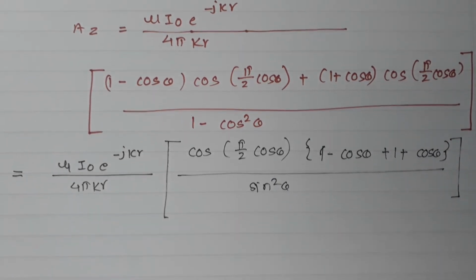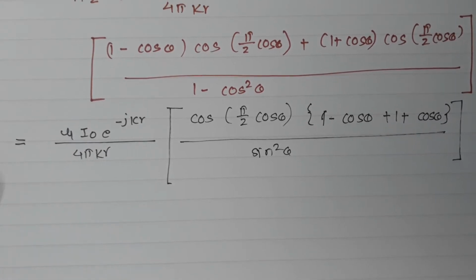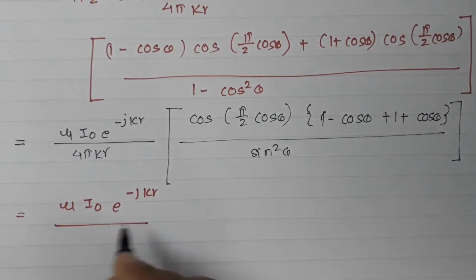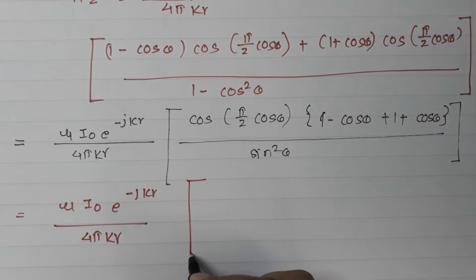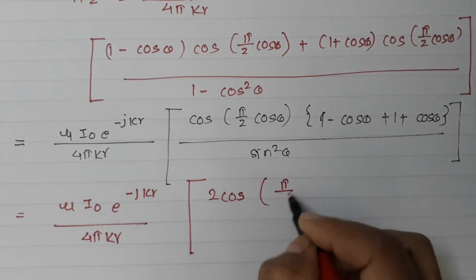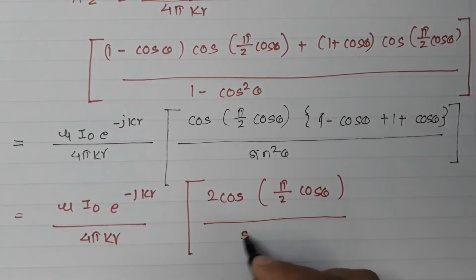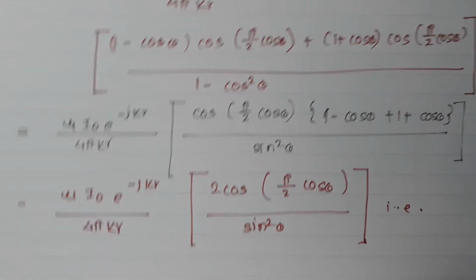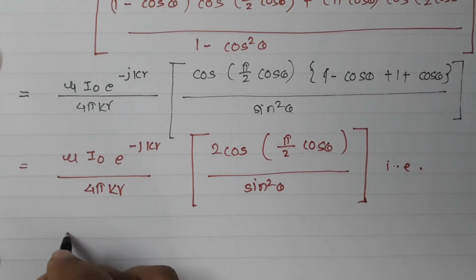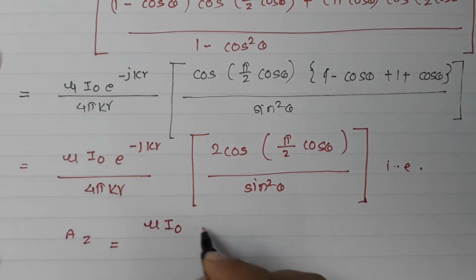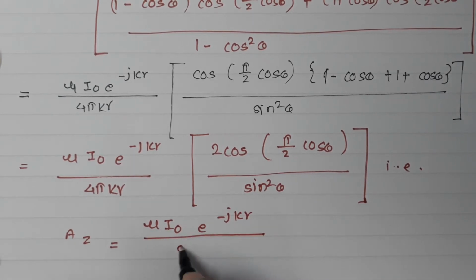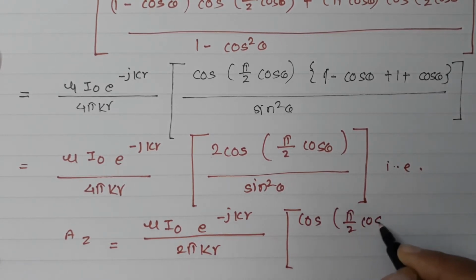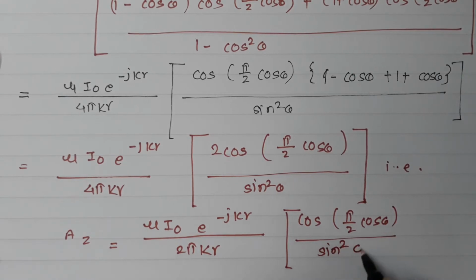Further solving, I can compress this equation as follows: μ I0 e^(-jkr) / 4πkr, 2 cos(π/2 cos θ) / sin²θ. So this equation can be written as Az equal to μ I0 e^(-jkr) / 2πkr, cos(π/2 cos θ) divided by sin²θ.